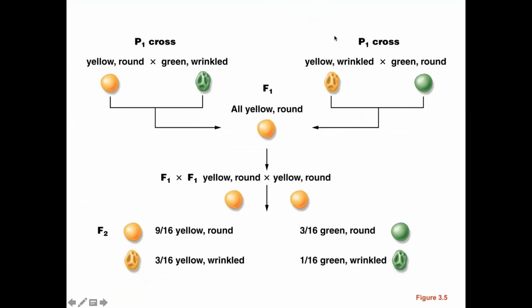Last time I described a type of cross performed by Mendel, more specifically the monohybrid cross. From that cross and the analysis of the phenotypes he observed in F1 and F2 progeny, he was able to derive fundamental laws of heredity that apply to all diploid sexually reproducing organisms.